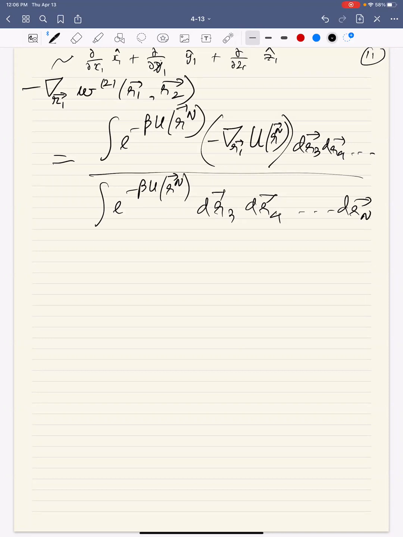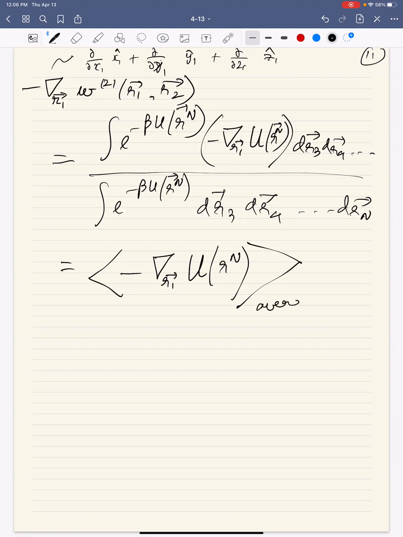This complicated integral is nothing but the ensemble average of the derivative with respect to R1 of the full many-body potential, but it's a special type of ensemble average.